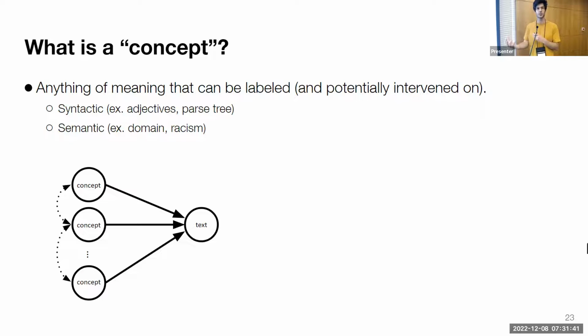And we can also imagine that we're intervening such that we're changing the domain that a product review is discussing, or the product it discusses. And we can also imagine intervening on a text such that it is less racist. Right, this is quite flexible and allows us to think about things that are generating text and measure effects with respect to them.